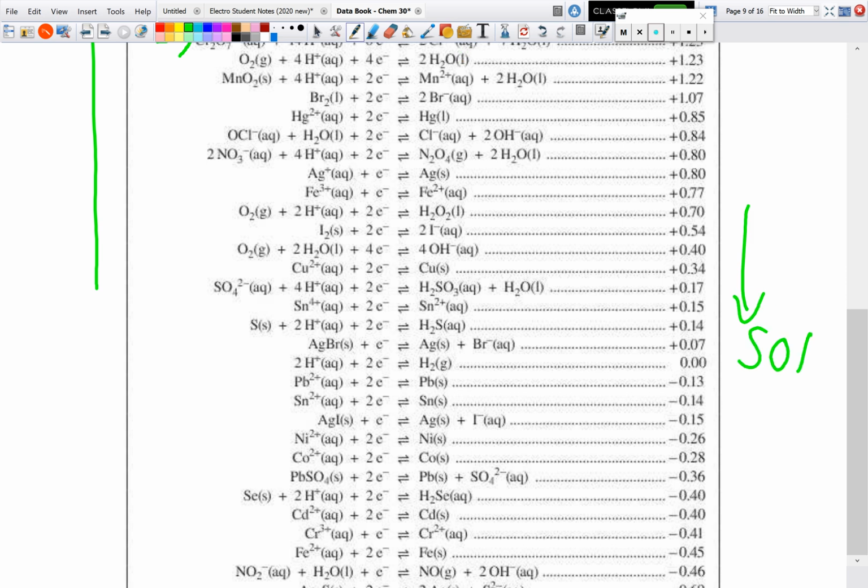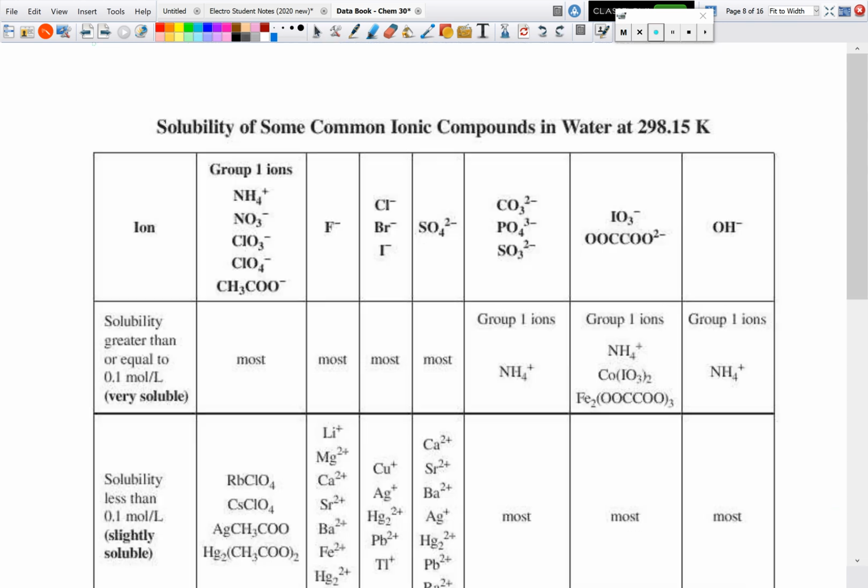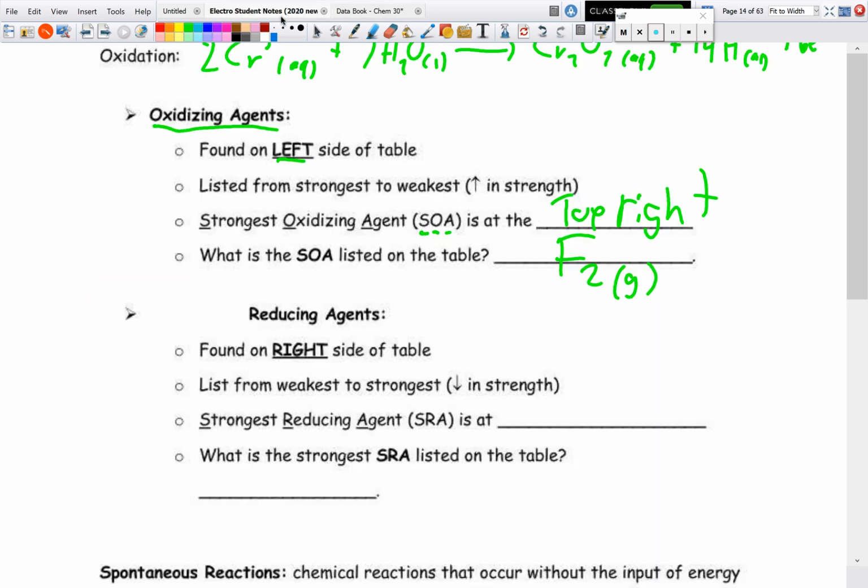Oops, sorry, SRA, not OA. So that means our strongest reducing agent is at the bottom.